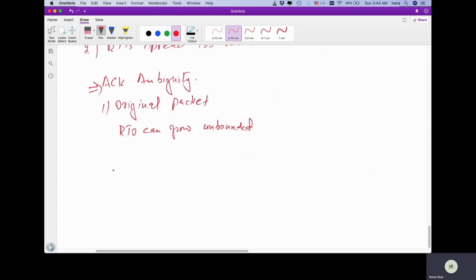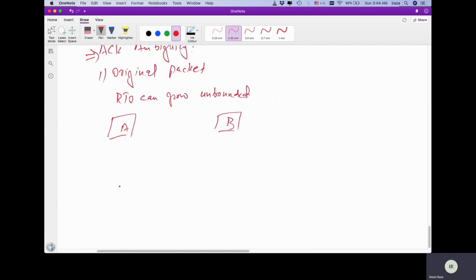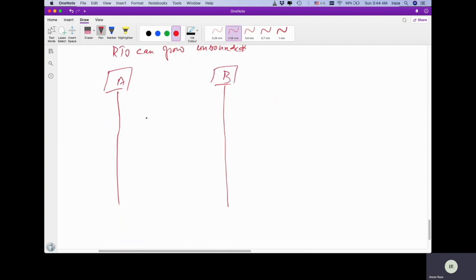Let's see how. Let's assume a scenario where we have a machine A, the sender, and a machine B. The timeline increases downwards. Let's assume that sender A has transmitted a segment, say segment 0, and segment 0 is lost. I assume that this was the initial RTO.